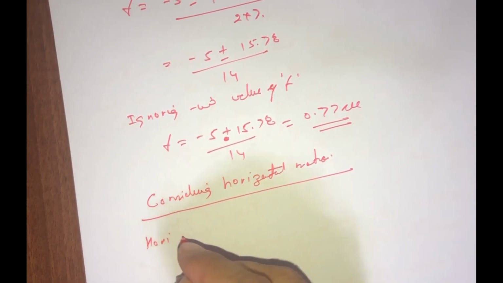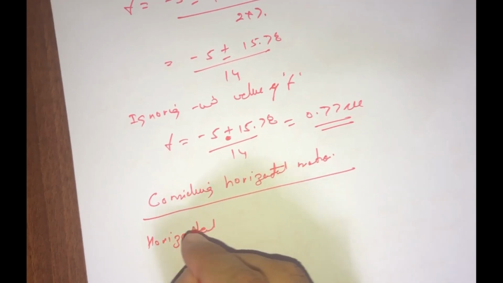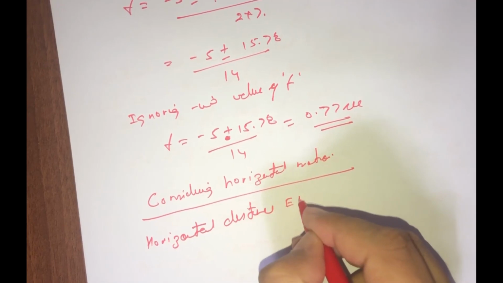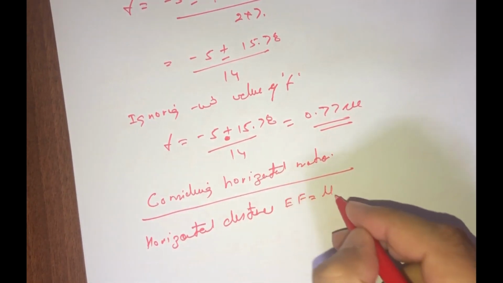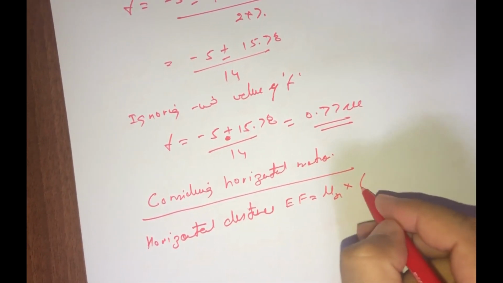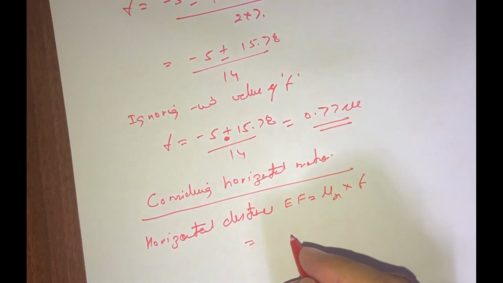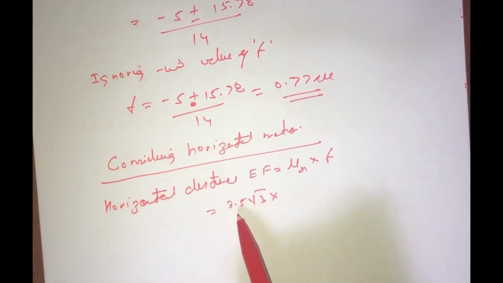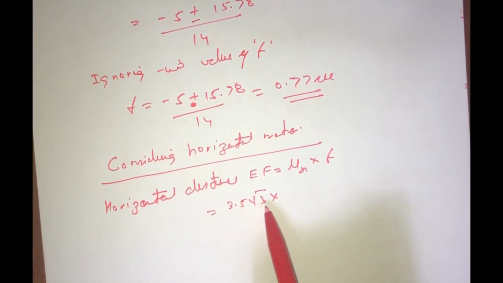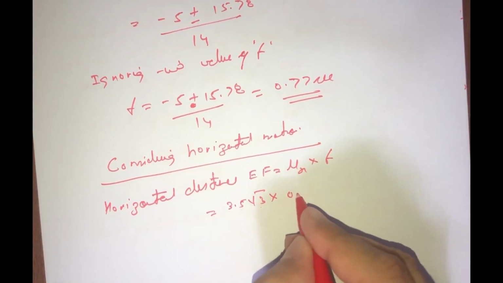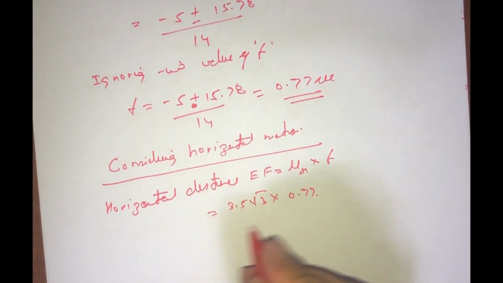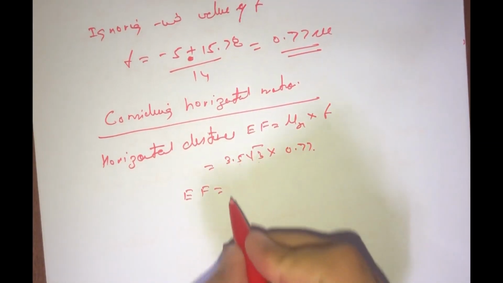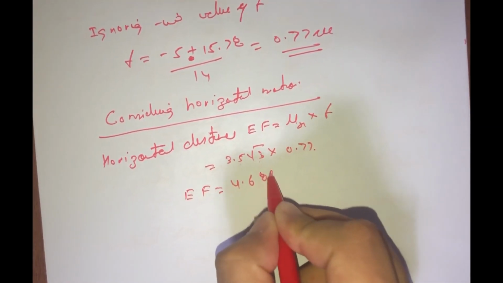So the horizontal distance EF is equal to the horizontal velocity, that is ux, multiplied by the time of flight. ux we already know is 3.5 square root of 3, and time was 0.77. So we get EF is equal to 4.688 meters.